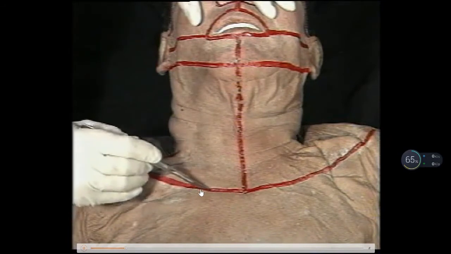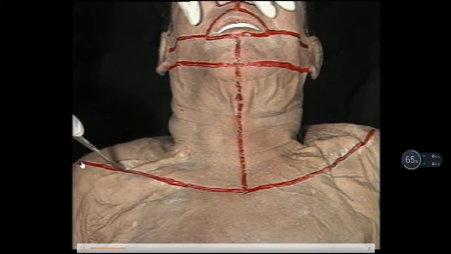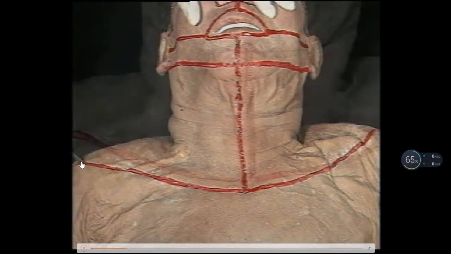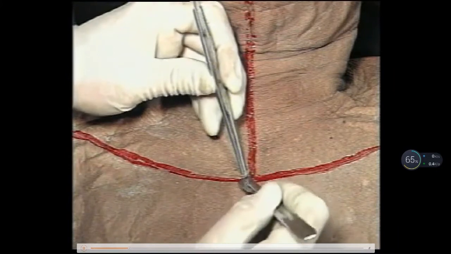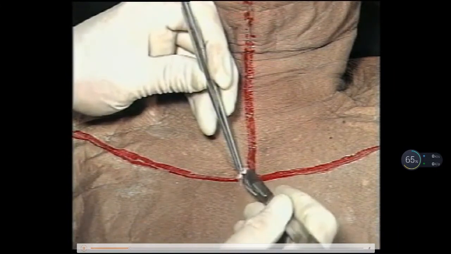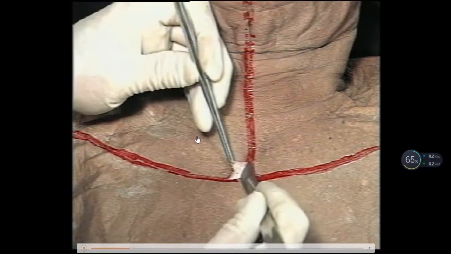Then from the upper border of the clavicle to the acromion. The skin of the neck is very thin and there are some transverse striae.